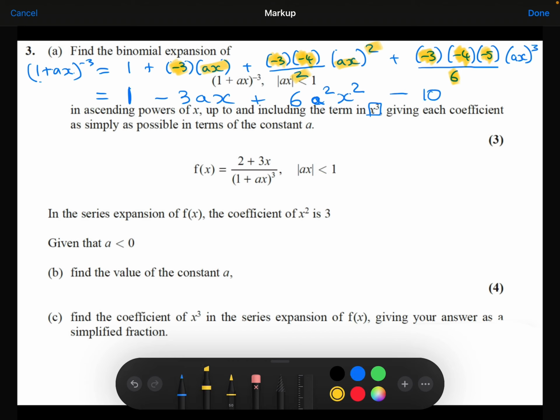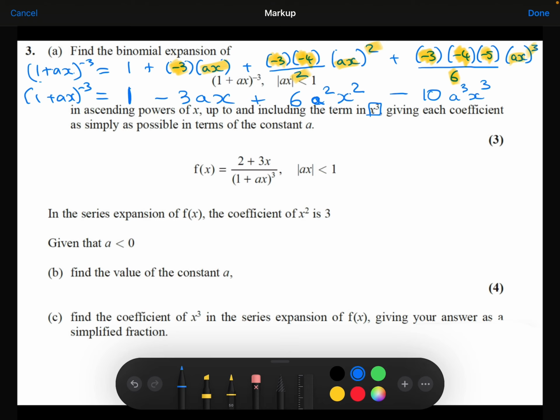We've then got the ax cubed, so that's a cubed x cubed. And that is my answer for part A. I'm saying that (1 + ax)^(-3) is equal to 1 minus 3ax plus 6a squared x squared minus 10a cubed x cubed.